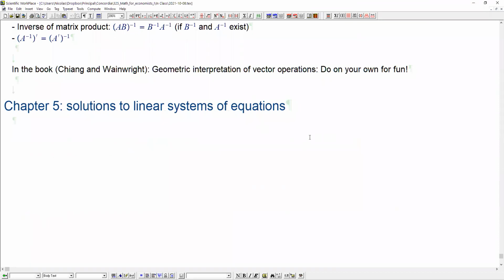All right, recall a linear system of equations has a unique solution if all equations are independent of each other.